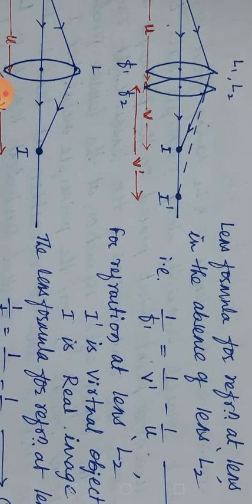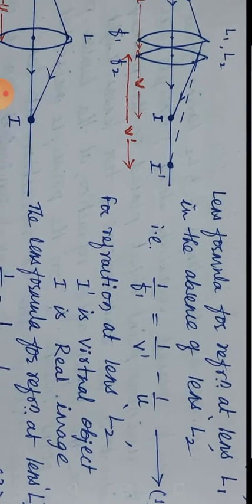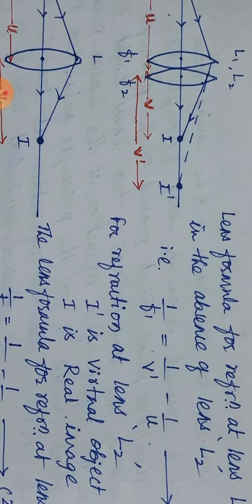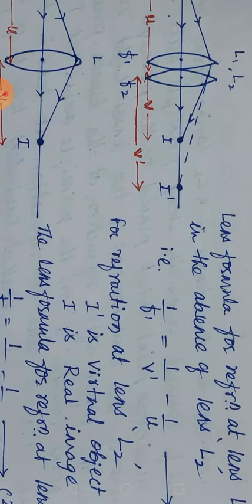Lens formula for refraction at lens L1 in the absence of lens L2: the reciprocal of the focal length of lens L1, 1 by f1, equals 1 by v dash minus 1 by u, where v dash is the image distance for the image produced by lens L1, and u is the object distance.